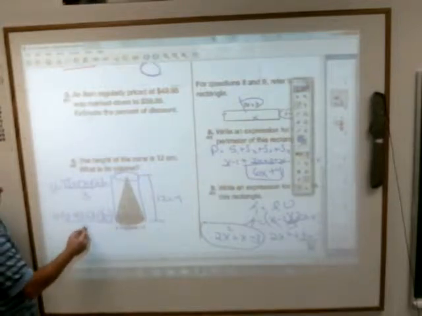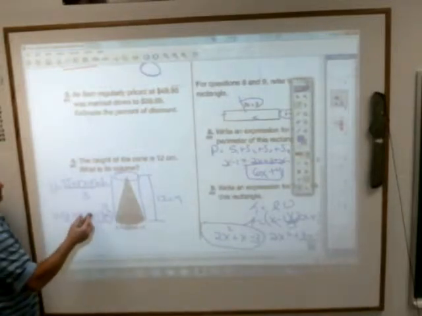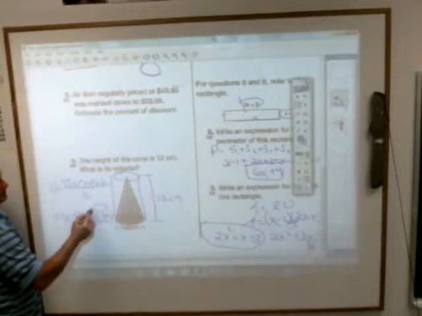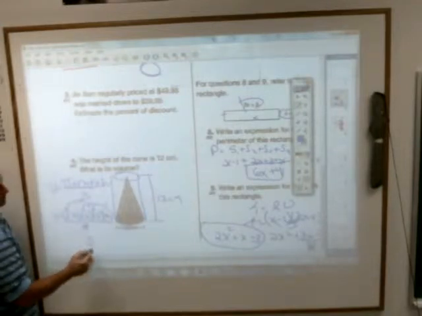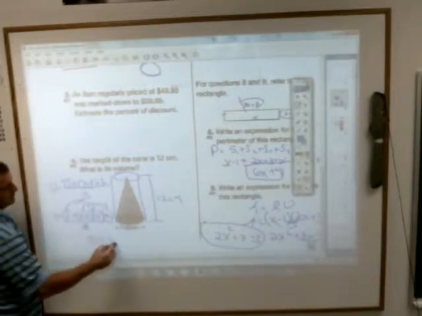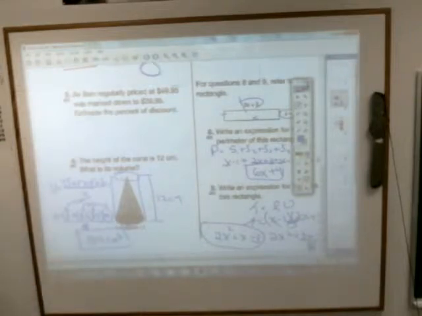I can divide 3 into 12 4 times. And doing this multiplication, 4 times 5 is 20. 20 times 5 is 100. 100 times 3.14 is 314 centimeters cubed. That was mighty nice of them, don't you think?